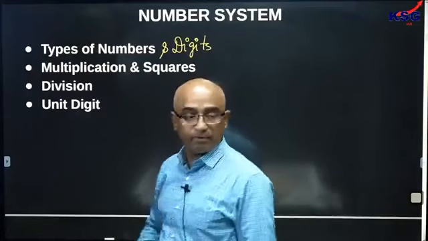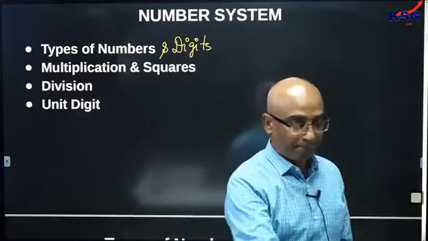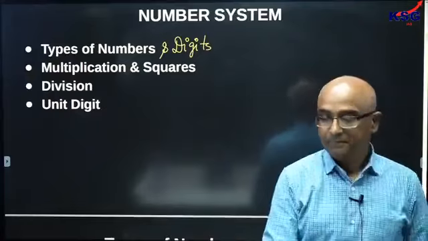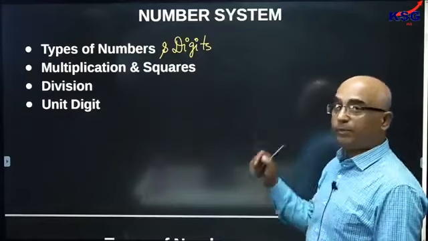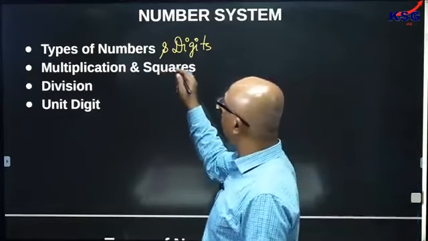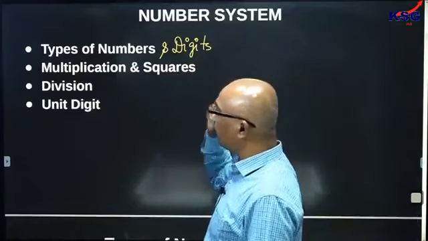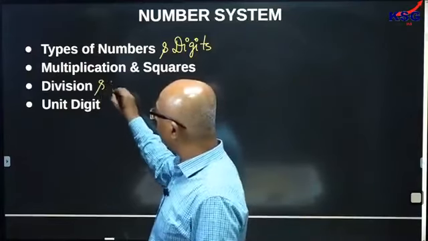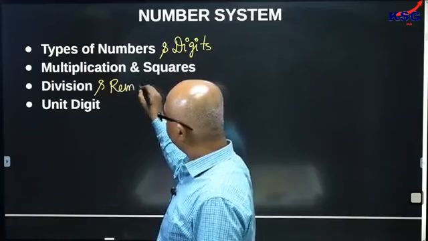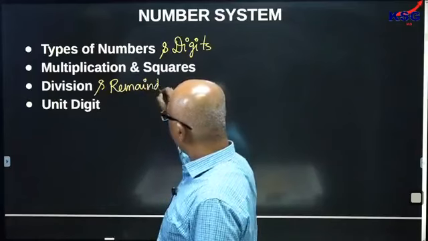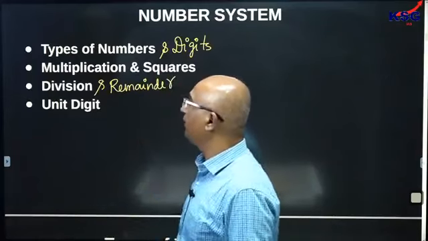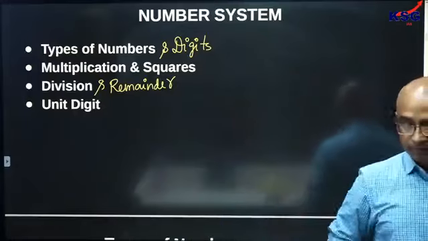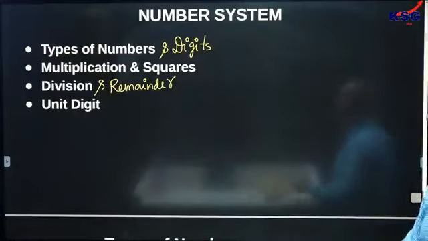The first topic of number system is types of numbers and digits. Second topic, multiplication and square. Third topic, division and remainder. And fourth topic, unit digit. Please copy the detail of number system.